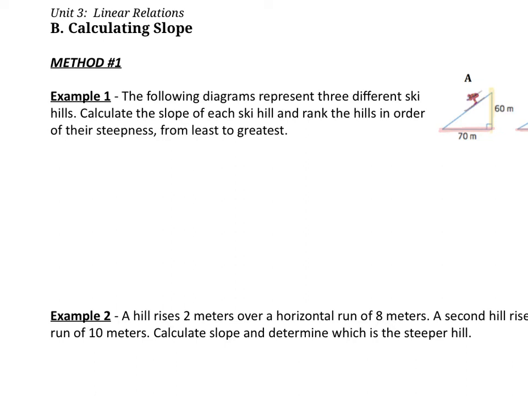So we'll start by calculating the slope for ski hill A. Our formula is m equals rise divided by run. On my picture, the rise would be 60 meters, and I'm going to divide that by my run, which is 70 meters.